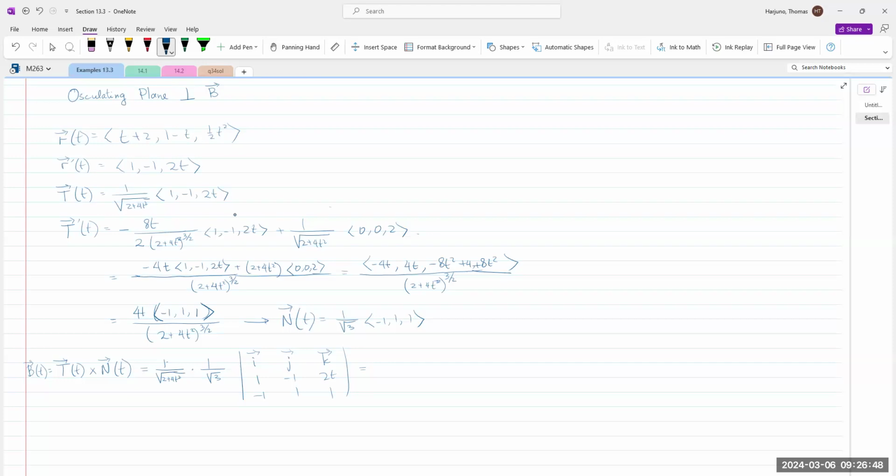Anyway, so this is 1 over square root of 6 times square root of 1 plus 2t squared, of (negative 1 minus 2t, negative 1 minus 2t, 1 minus 1, which is 0), which I can factor again.